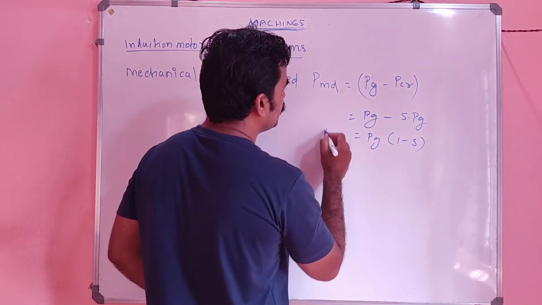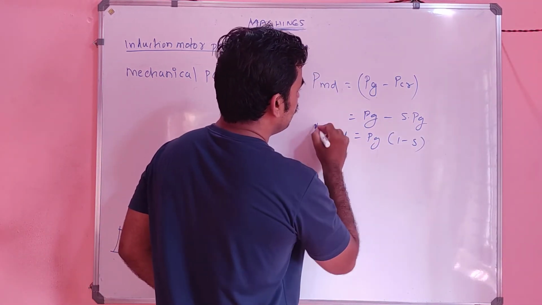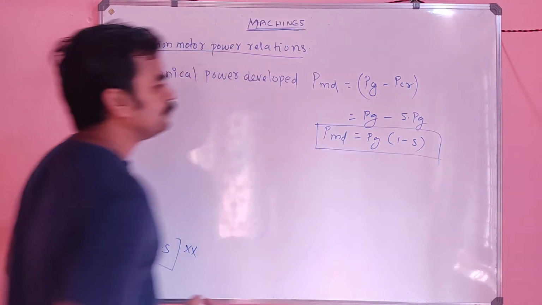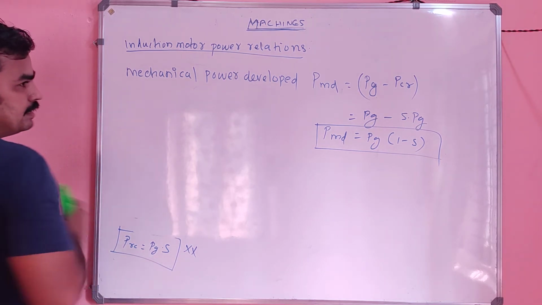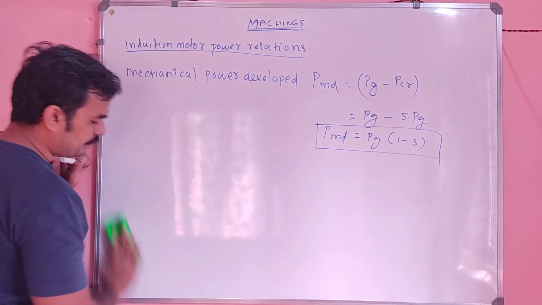Very, very important relation. PMD, the mechanical power developed, will be equal to (1 minus S) into PG. That is the mechanical power relation.